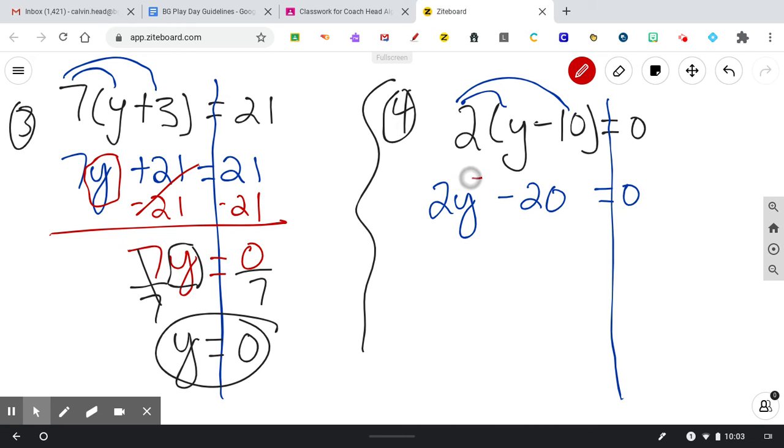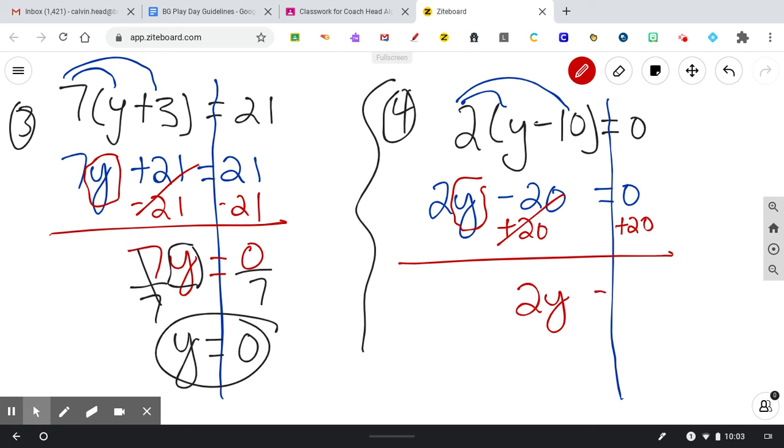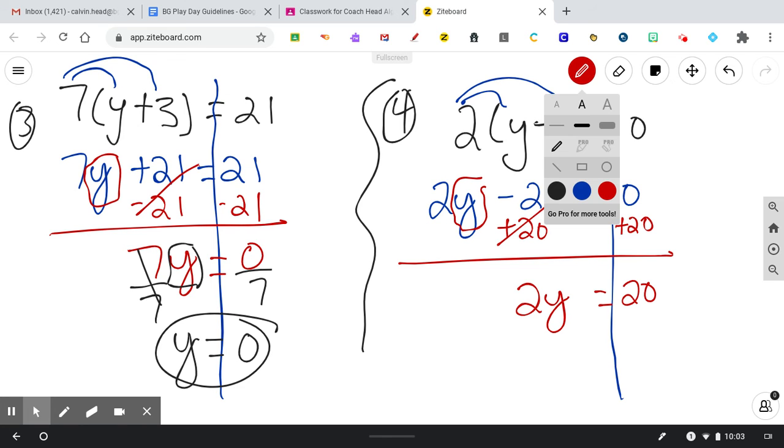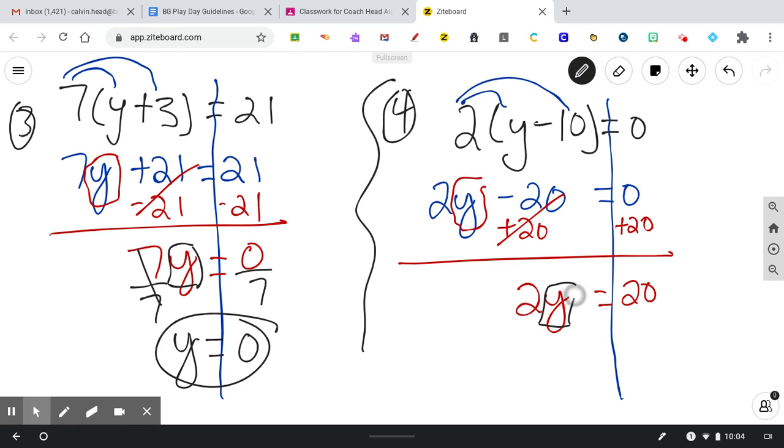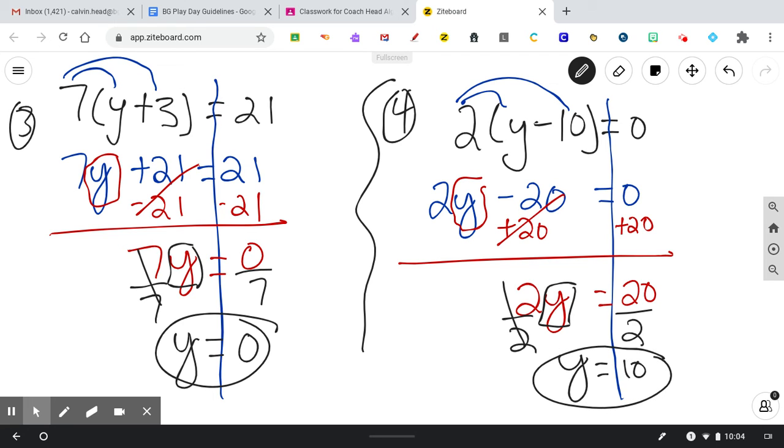Remember, I'm trying to get this by itself, so plus 20, plus 20. That cancels. Bring my 2y down. 0 plus 20 is 20. Now my last step, still trying to get y by itself, divide both sides by 2. y equals 20 divided by 2, which is 10.